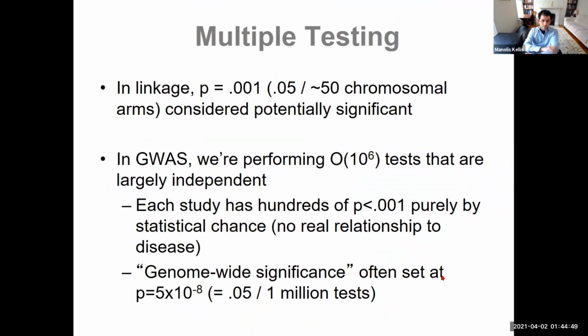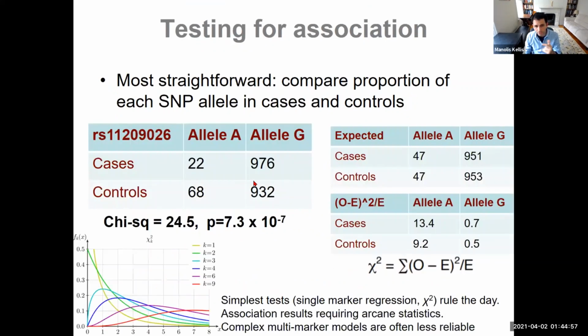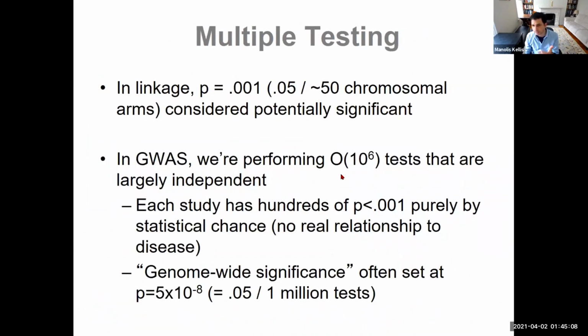All right. The challenge, of course, is that we are testing millions of SNPs. We are testing every single SNP in the genome. And therefore, if I see a p-value of 7 times 10 to the minus 7, which is basically almost 10 to the minus 6, and I've tested 10 to the 6 elements, then maybe I shouldn't be that excited.